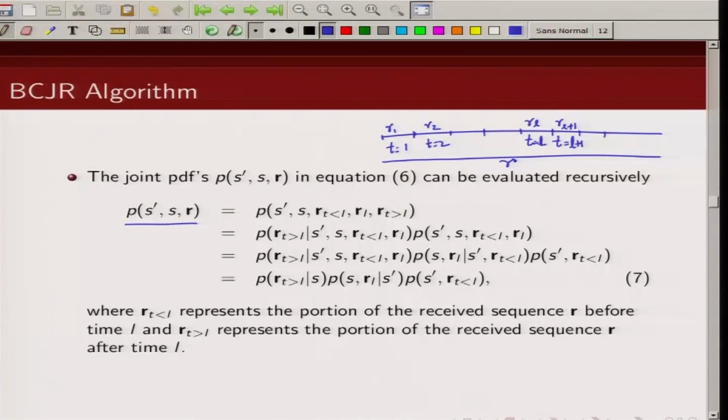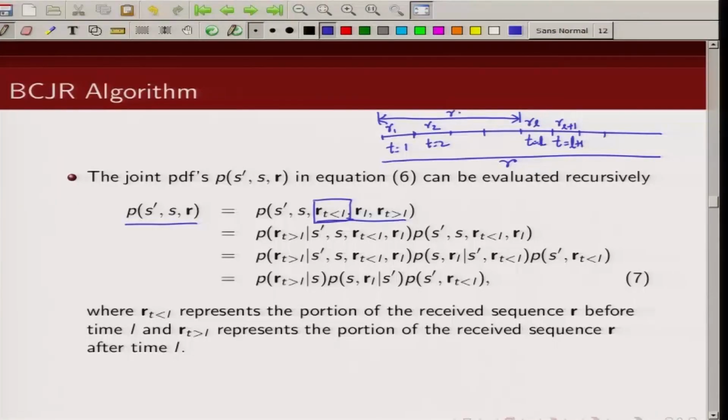Okay. Now, what I am doing is I am partitioning that received sequence into 3 segments. One is this, which corresponds to time before L. So, one is this portion of my received sequence.